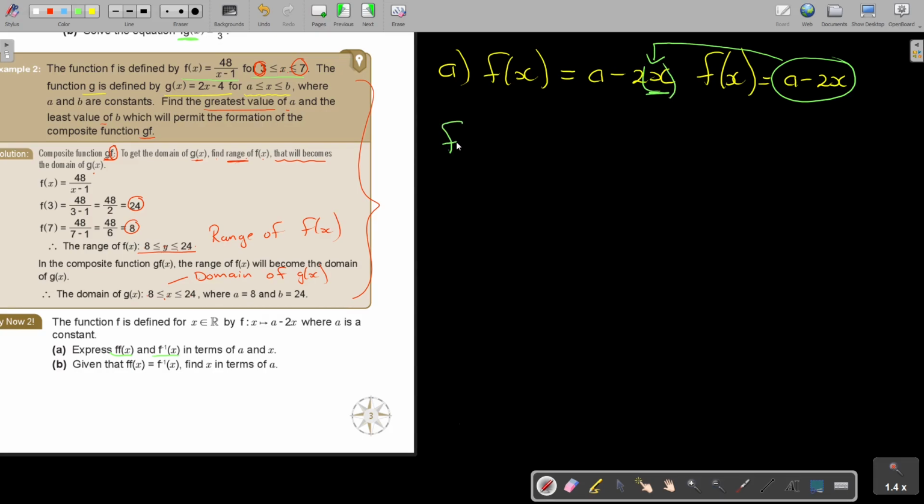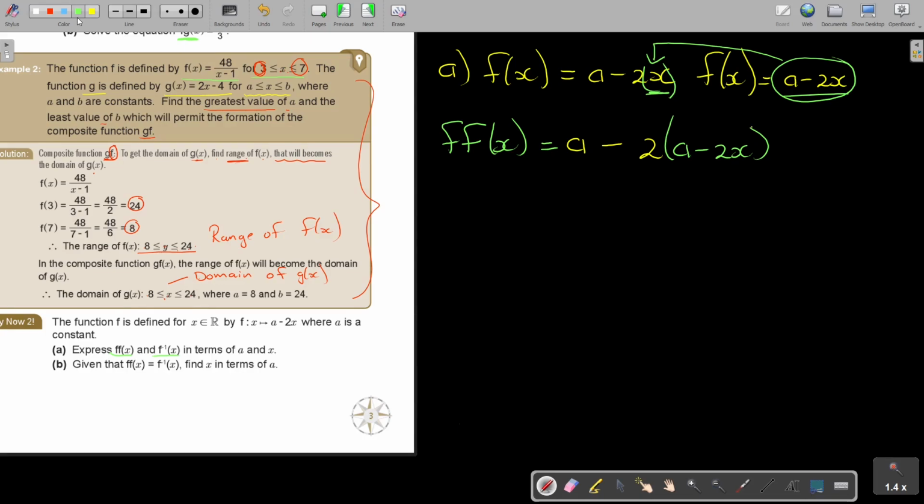So I'm going to say f(x), so f in x. I'm just going to play around a little bit with colors now to show you. a minus 2x, which was that, and then close the bracket, and that is what I substitute.